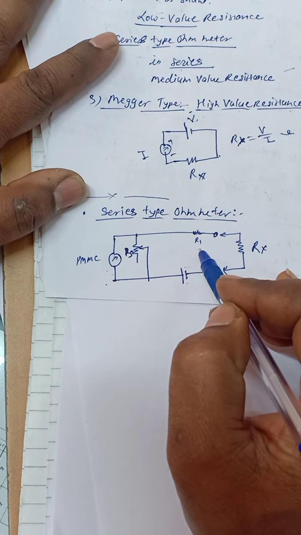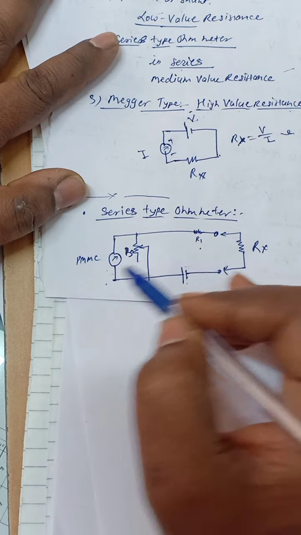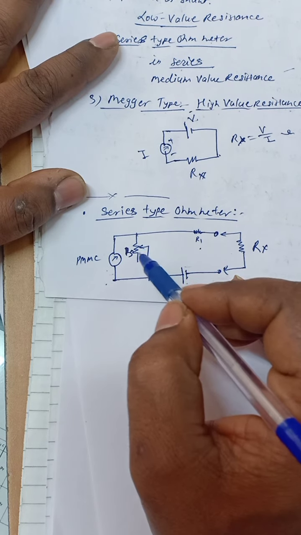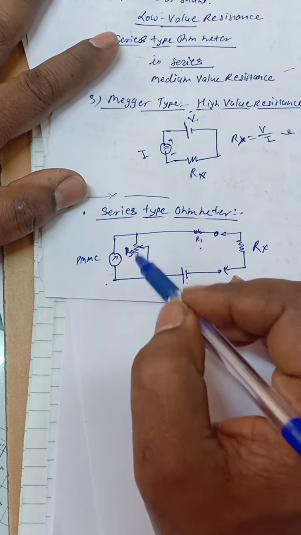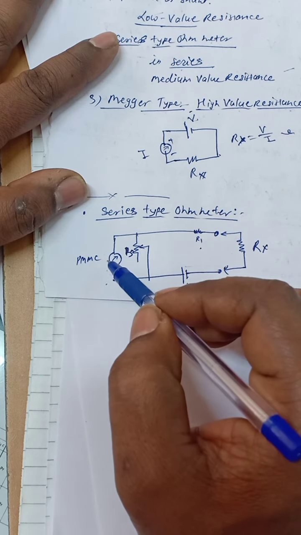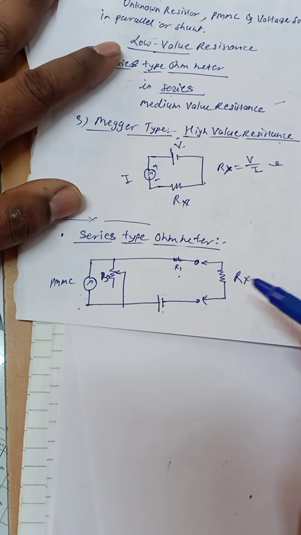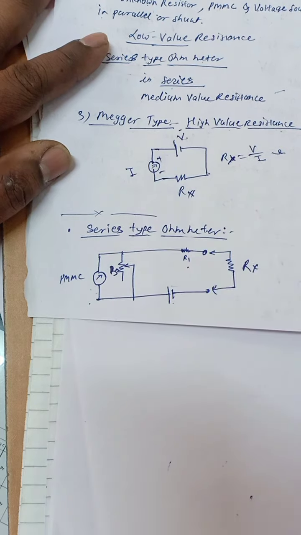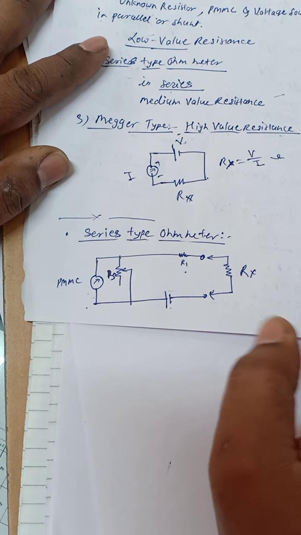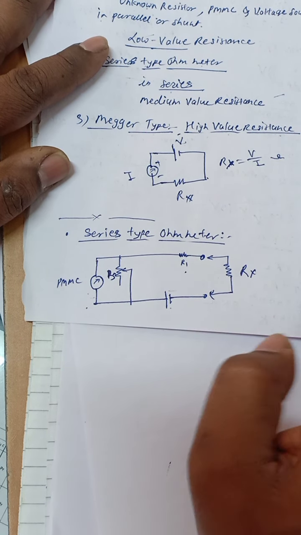This R1 is used for current limiting, which protects the PMMC, and the potentiometer is connected across this PMMC to adjust the zero. So this is the series type ohm meter. The working of the series type ohm meter we are going to see in the next lecture.